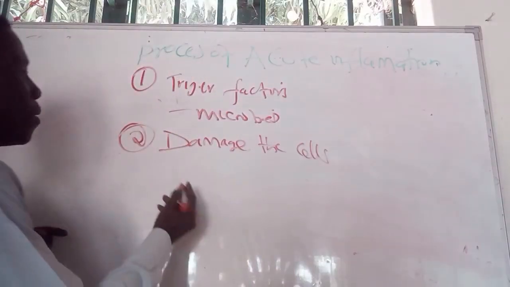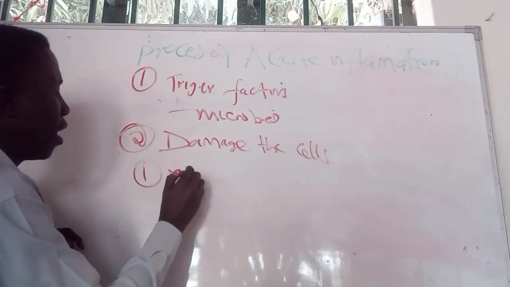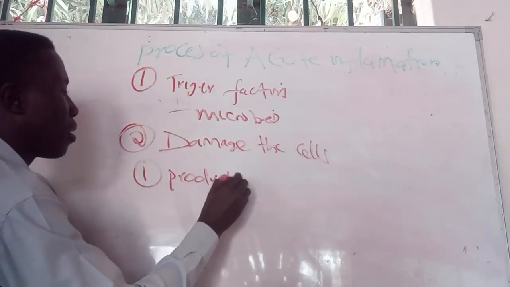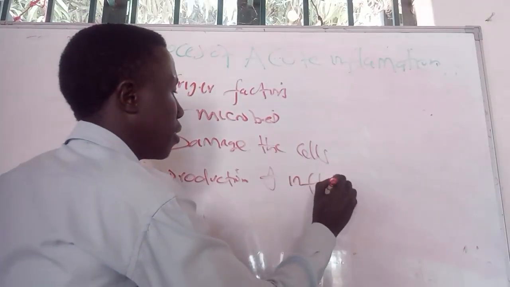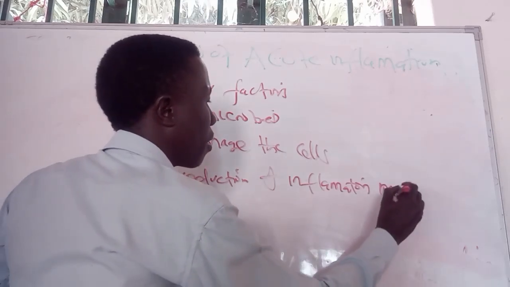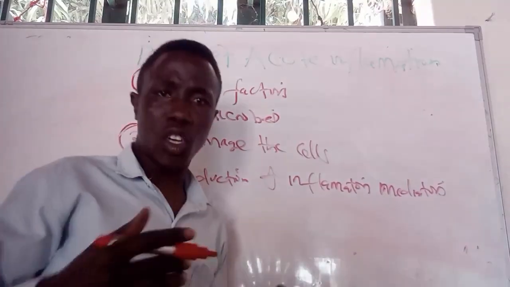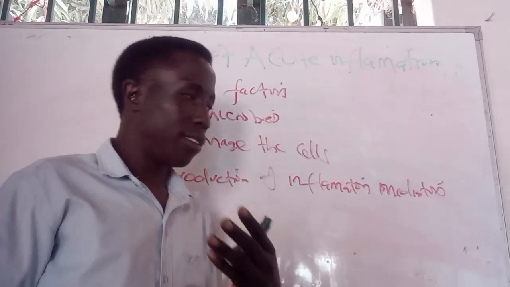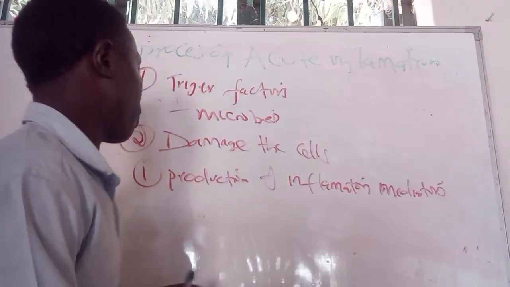So here you see damage of the cells leading to production of inflammatory mediators, which means there's production of chemical substances that can initiate this inflammatory response.